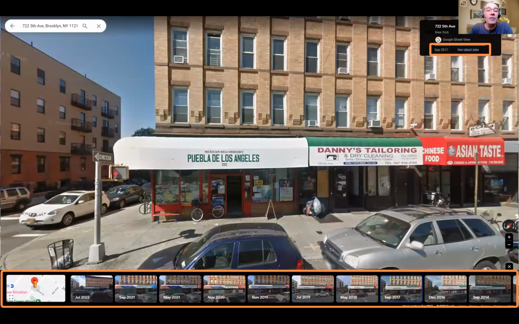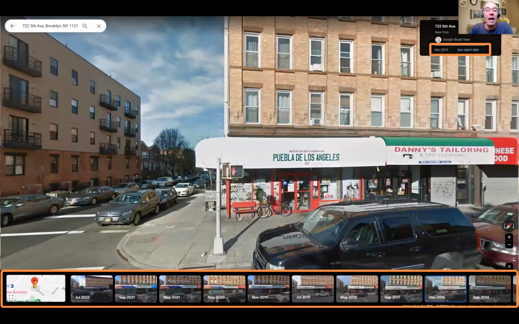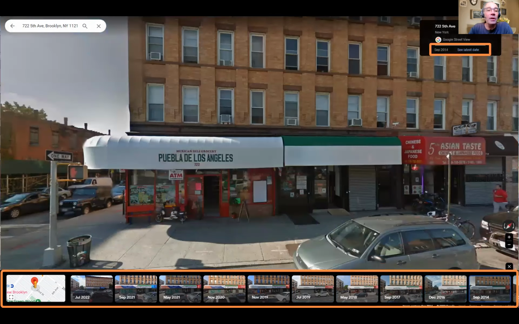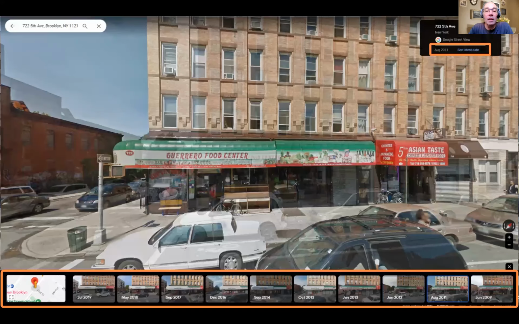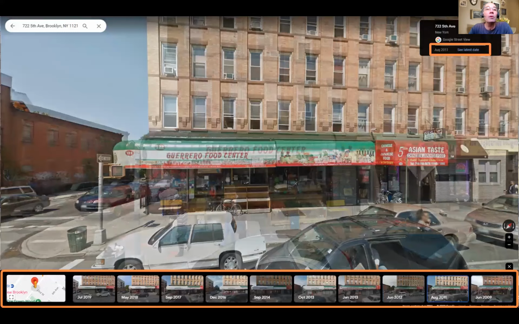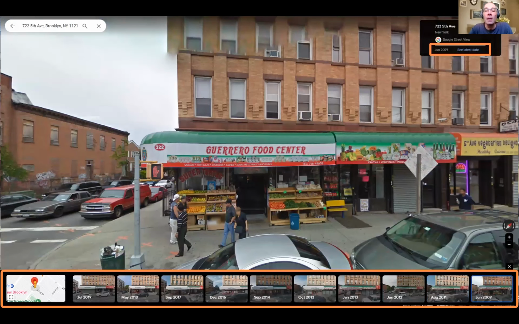And then if I keep going back and back in time, I see how this store was looking in 2009 and 2007, which was the first image that I got from this food center.